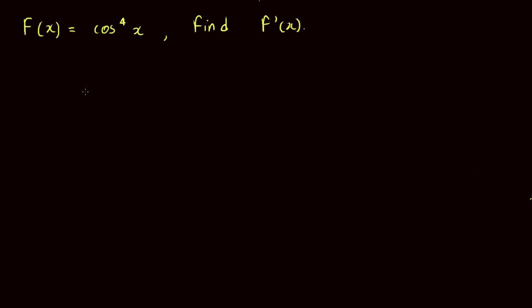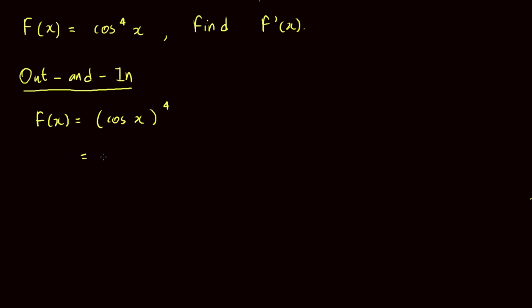Since I'm assuming that you already tried this out, it's pretty straightforward. We use the out and in method, the out and in strategy. We know that f(x) equals cosine of x to the power of 4.